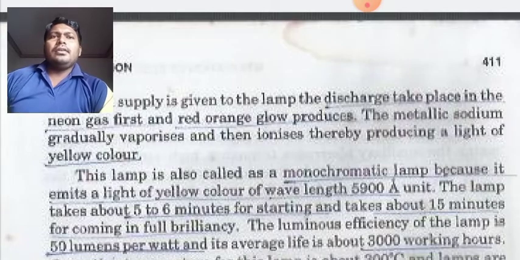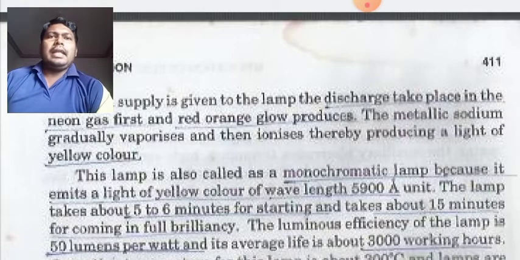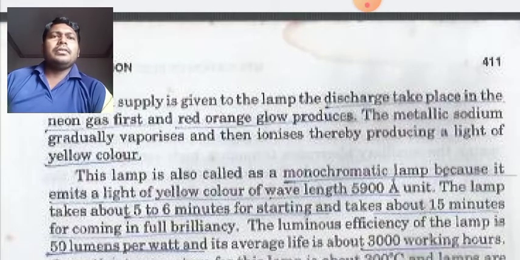This lamp is called a monochromatic lamp because it emits light of yellow color of wavelength 5900 Angstrom. The lamp takes about 5 to 6 minutes for starting and about 15 minutes to come to full brilliancy.